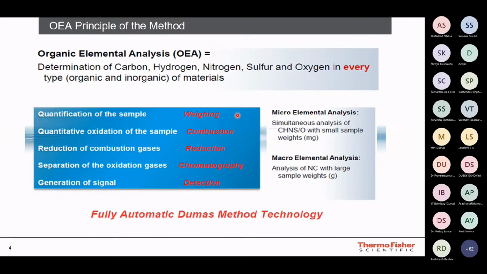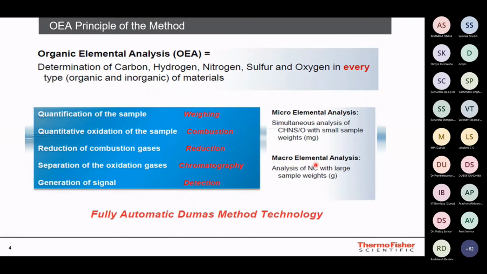Suppose you have oxides or anything that is not completely combusted at 950, then it is not possible to analyze. In CHNS there is a very simple way. You take the sample weight, put it in a tin container, and wrap it properly. Then combustion occurs, after that reduction occurs, and after chromatography we detect with the TCD detector. Both micro and macro types of analysis can be done.